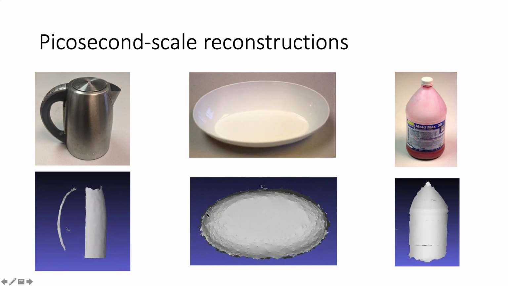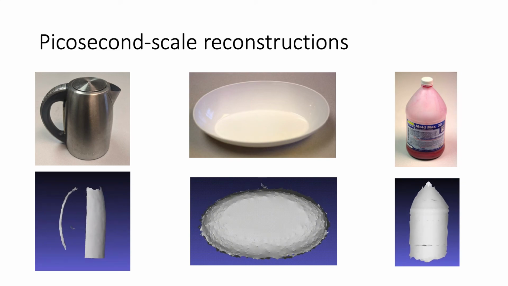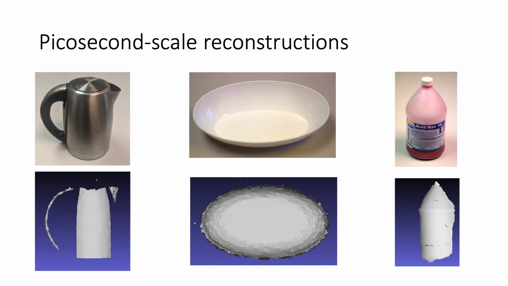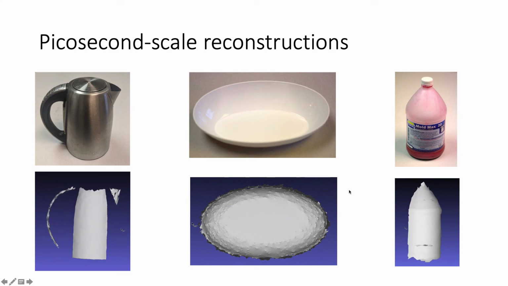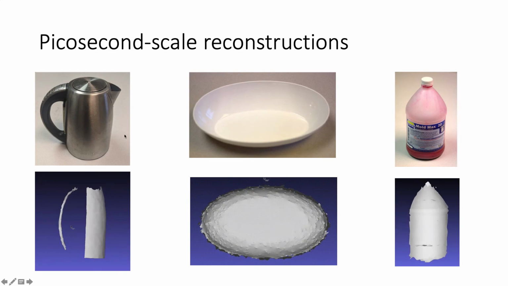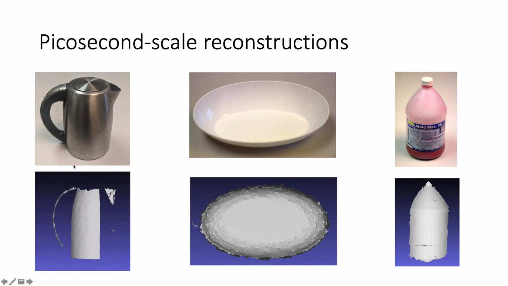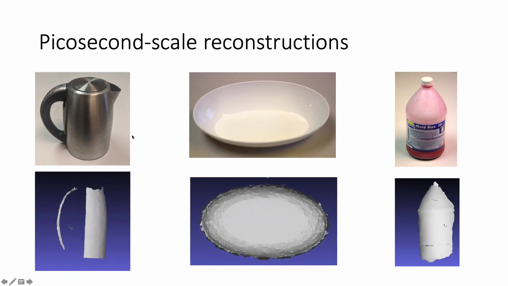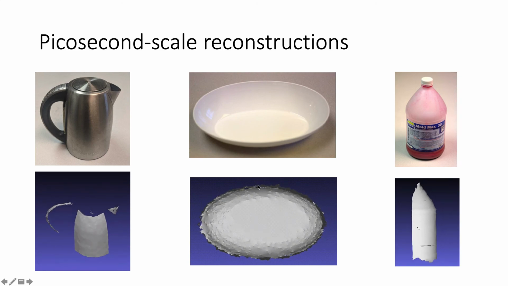Most of the objects have a major dimension of approximately 20 by 30 centimeters and are placed at a distance of 80 centimeters from the visible wall. In all cases, the reconstruction closely matches the object shape, demonstrating the ability of the algorithm proposed in this paper to handle a variety of complex geometry and reflectance combinations.